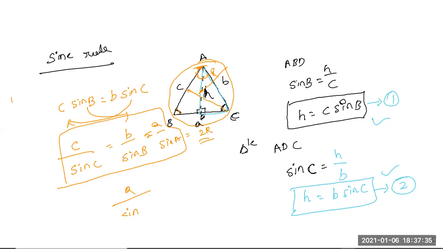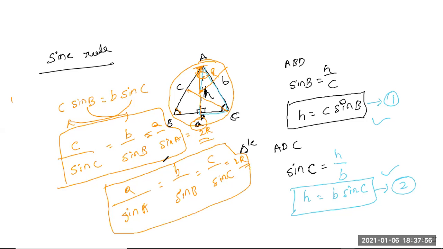For example, this is the side divided by sine of the opposite angle, which is A. These ratios are equal, right? Which is equal to some constant, which is 2r. So this is the sine rule.